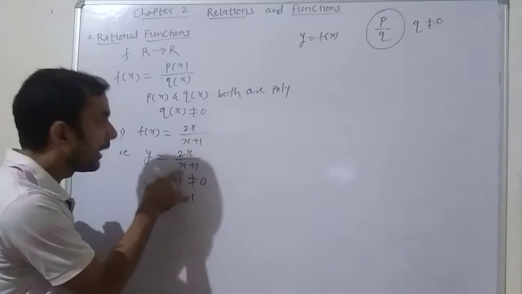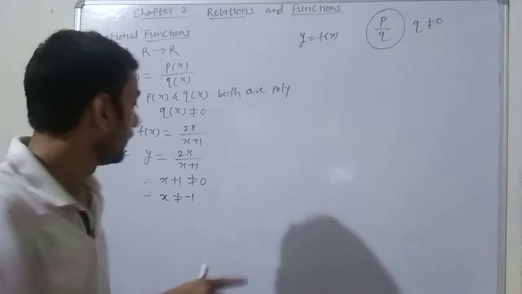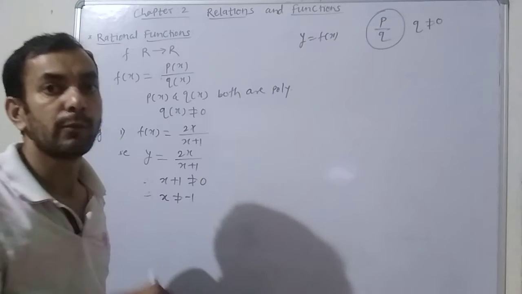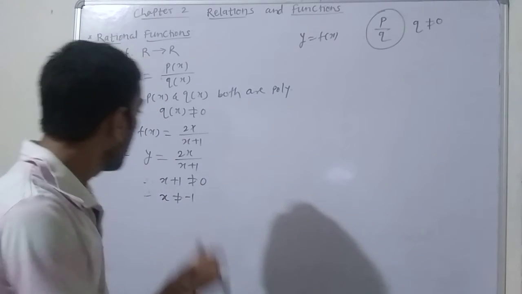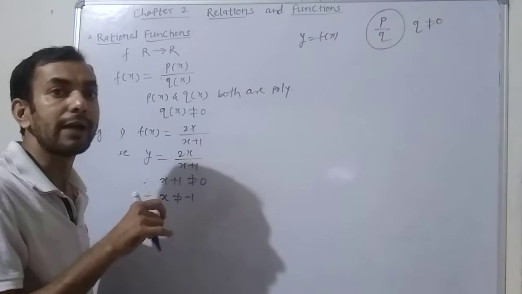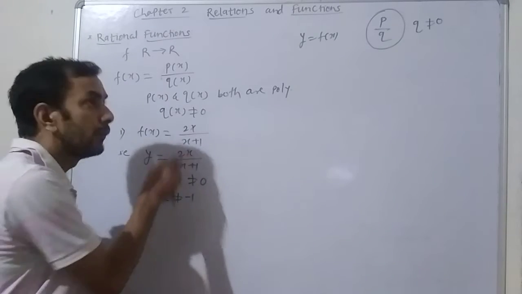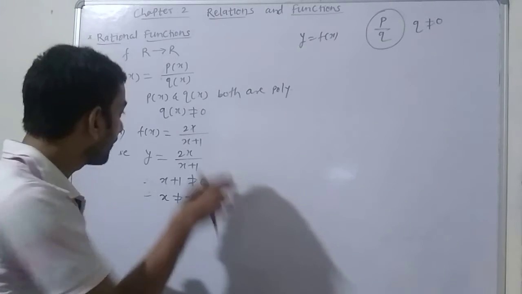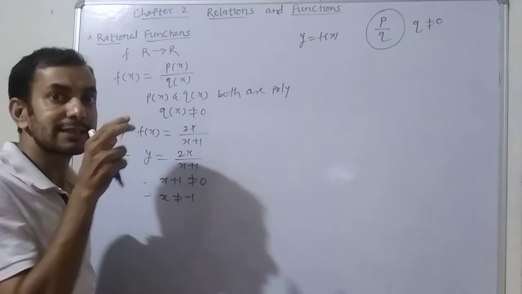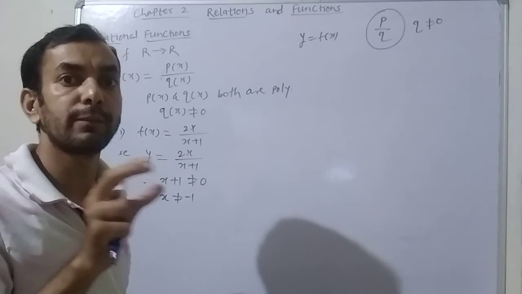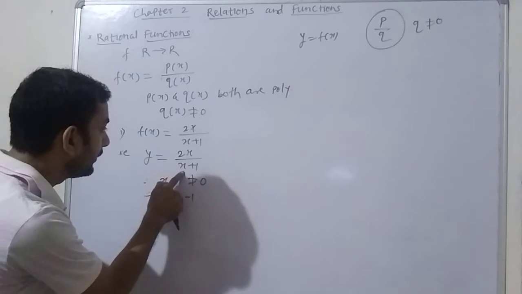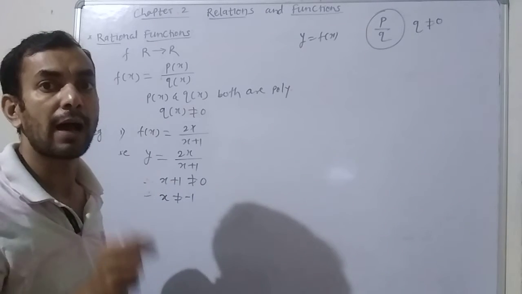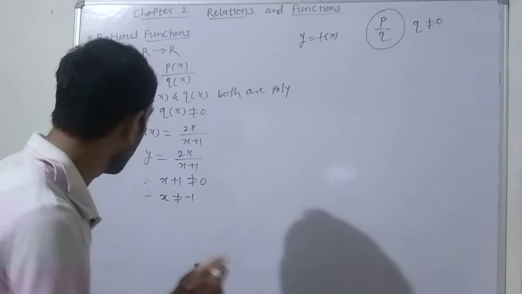Suppose हमने x की वैल्यू यहाँ negative of 1 पुट करते हम लोग, तो negative 1 plus positive 1, that means the answer should be 0, and this function would not be defined. Therefore, to find the domain of that particular function, we exclude those points where the denominator becomes 0. तो यहाँ x की वैल्यू negative of 1 पुट करने के बाद में आपका आंसर क्या होगा? not defined होगा.